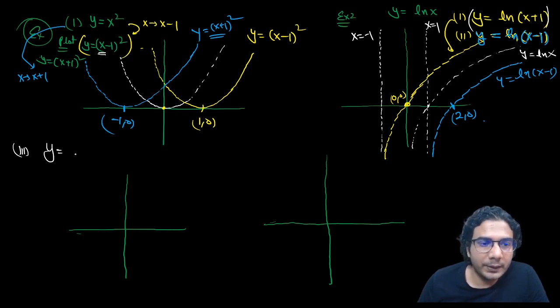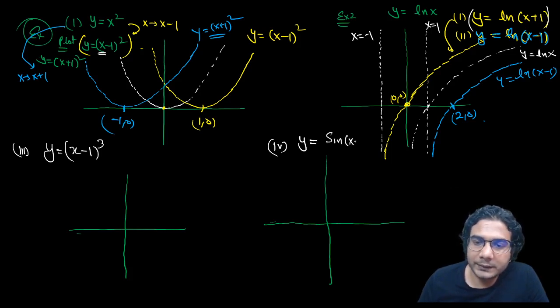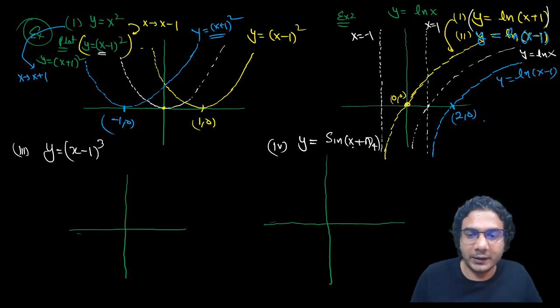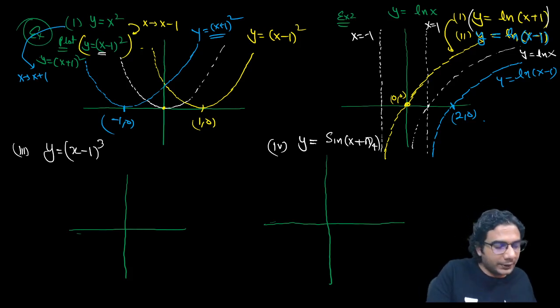So let me plot y is equal to x minus 1 the whole cube. That's one. And the fourth example, I'll give you y is equal to sine of x plus pi by 4. Now you guys try this first, then I'll plot it.